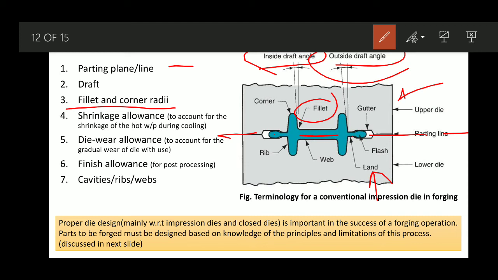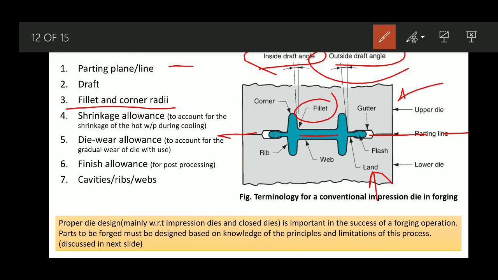And we also provide shrinkage allowances. We already know that forging operations are basically hot forging operations, so we heat the metal. You might have heard a proverb: heat the metal when it is to be worked. In that case we take care of the flowability of the material and increased ductility at elevated temperature.